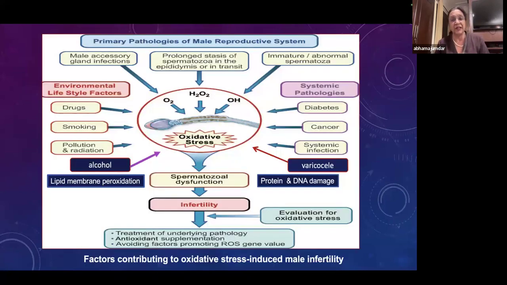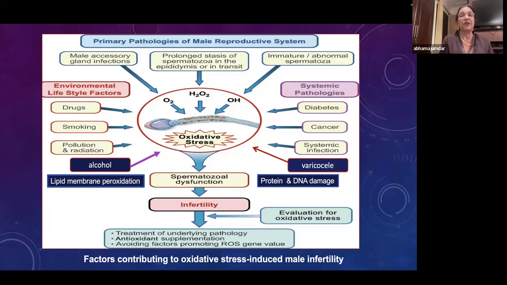And this is a very favorite diagram which is there on the internet, and we've been using it for ages. The primary pathology of the male reproductive system is when these reactive oxygen species, O2, H2O2, and OH, increase. These come from male accessory gland infections.